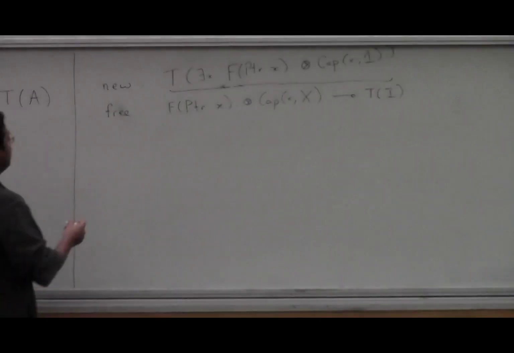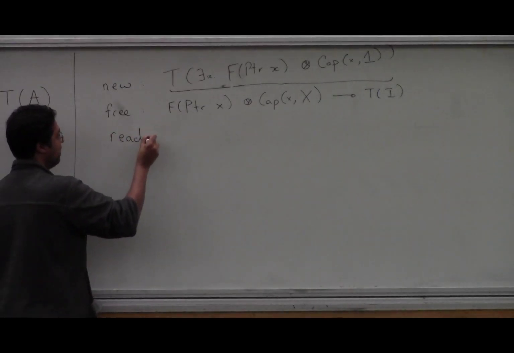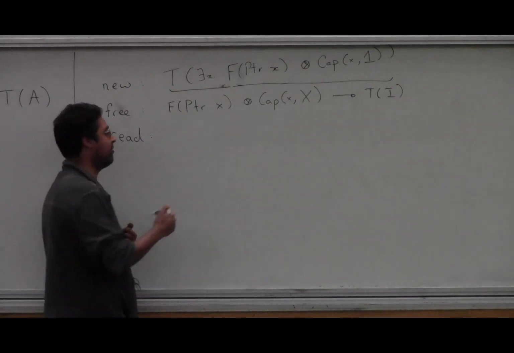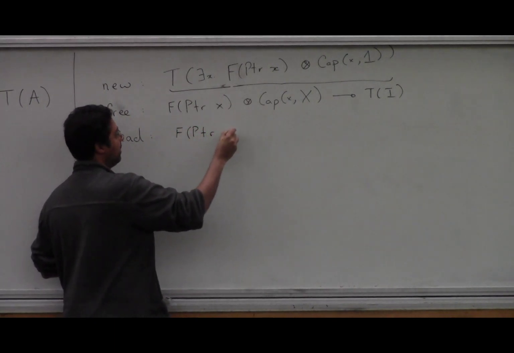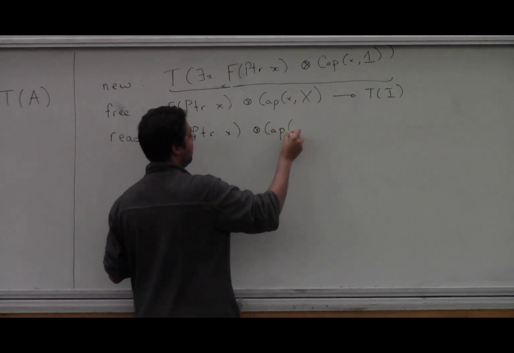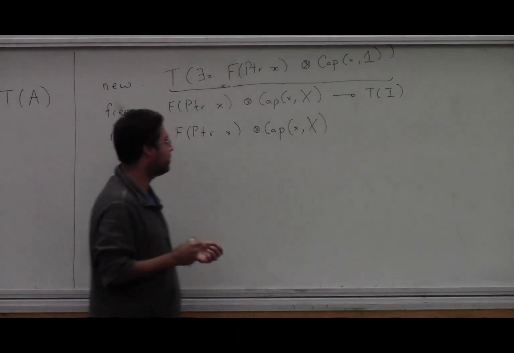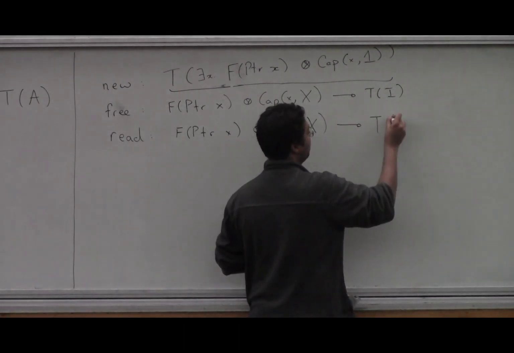And next, we'll also have a read operation. Read is the pointer dereference operation, and it will say, if you give me a pointer and a capability, then I will give you the contents of that pointer.